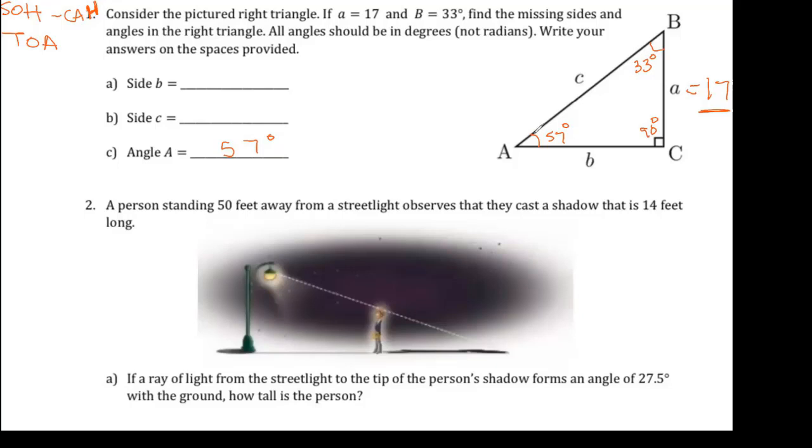If we're talking about angle A, the side opposite is this. The side adjacent would be here, and this is the hypotenuse.